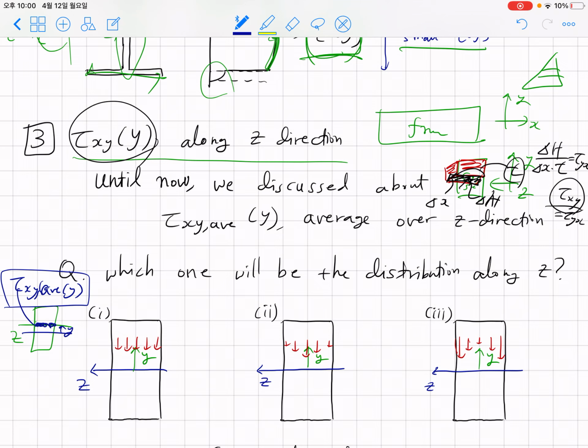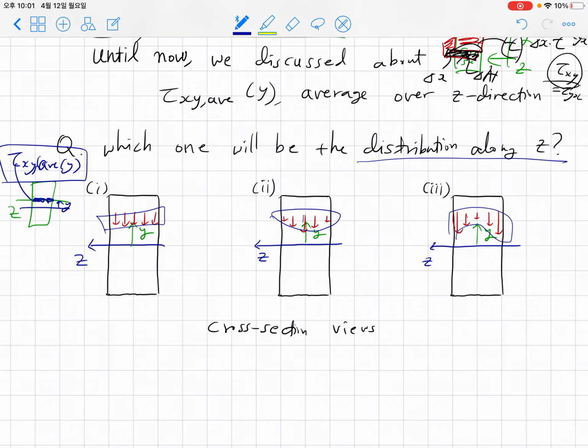We cannot say which one would be the proper distribution along the g direction, whether it can be uniform, or maximum near g equals 0, or minimum near g equals 0. So we don't have an idea until now.